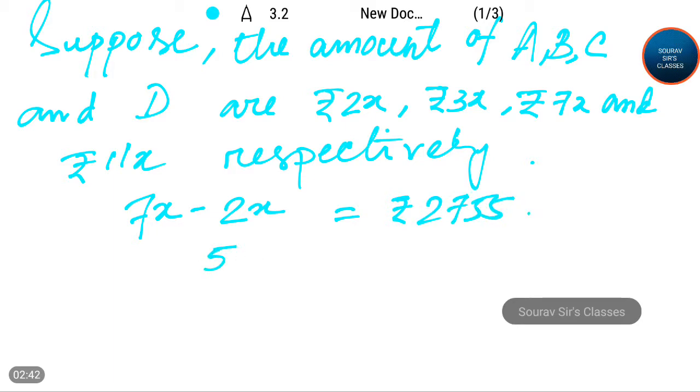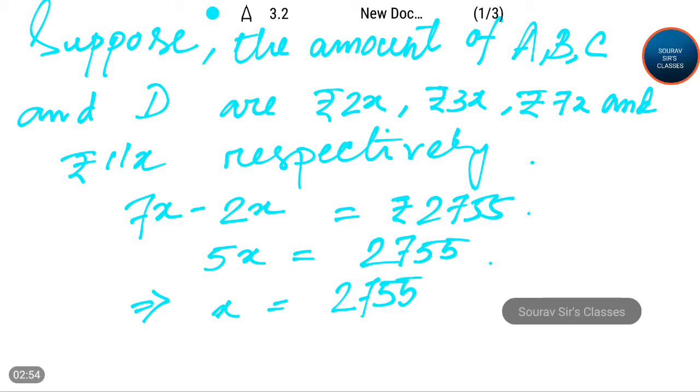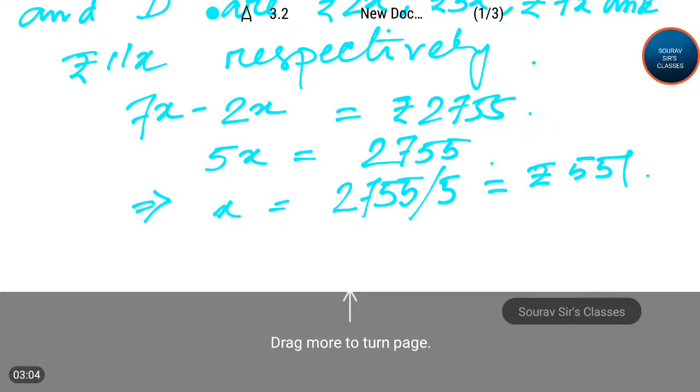From this we can write 5x is equals to 2755, and from this we can write x is equals to 2755 divided by 5, that is equals to rupees 551. So this is the value of x.